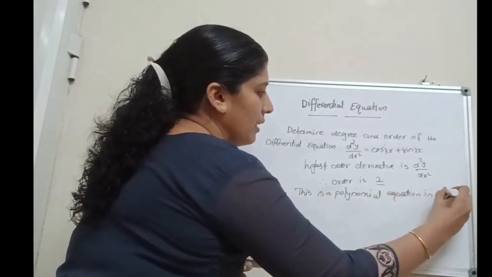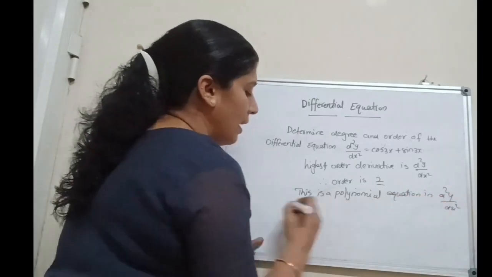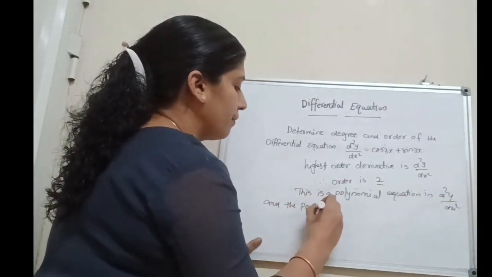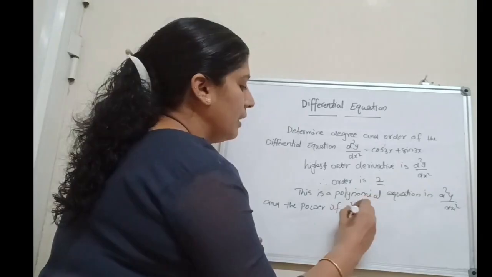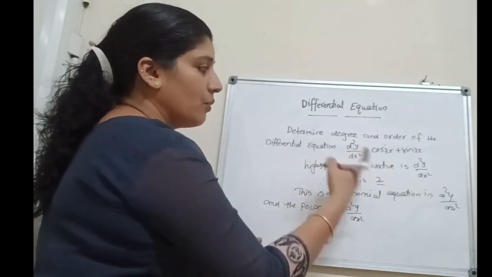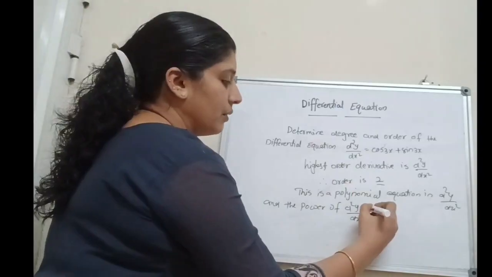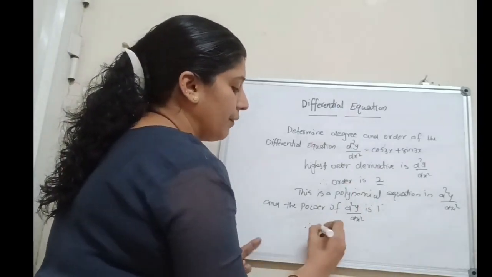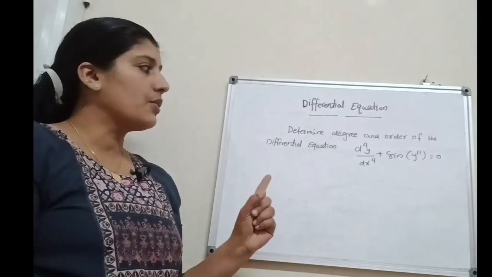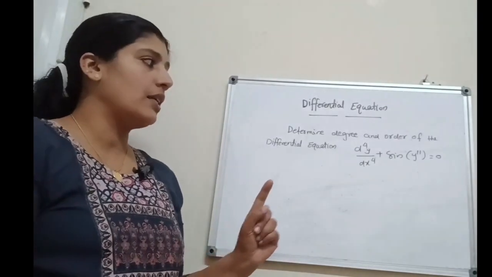In this differential equation, the power of d square y by dx square is 1. Therefore, the degree of the differential equation is 1.